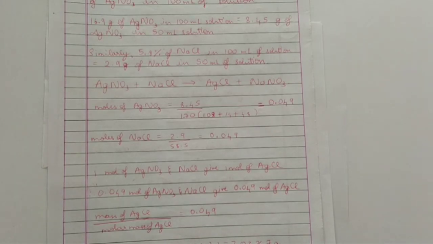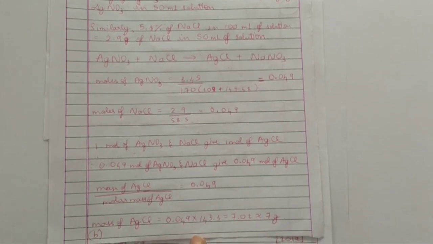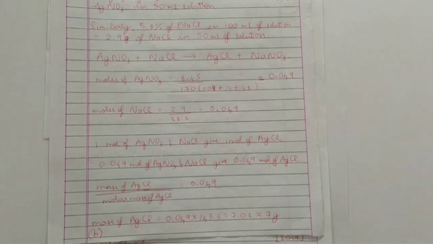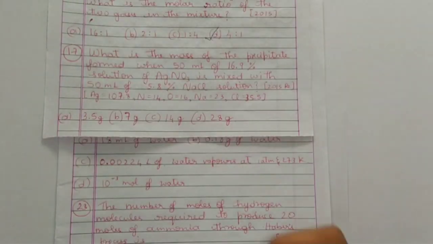Therefore, 0.049 mole of AgNO3 and NaCl will give 0.049 mole of AgCl. We all know moles is equal to given mass by molar mass. Given mass of AgCl we have to find, and molar mass of AgCl is 143.3. Therefore, mass of AgCl is equal to 7.02, which is approximately equal to 7 gram. It is option B.